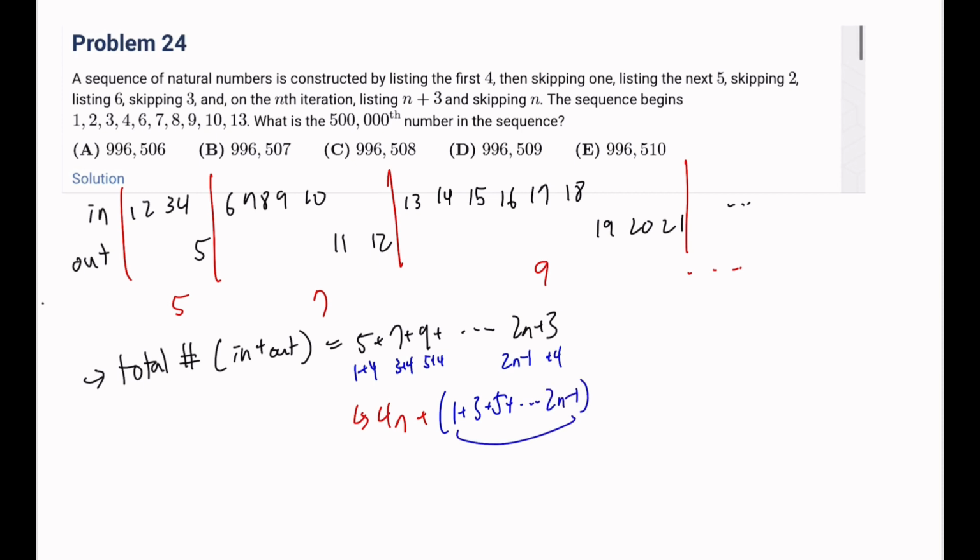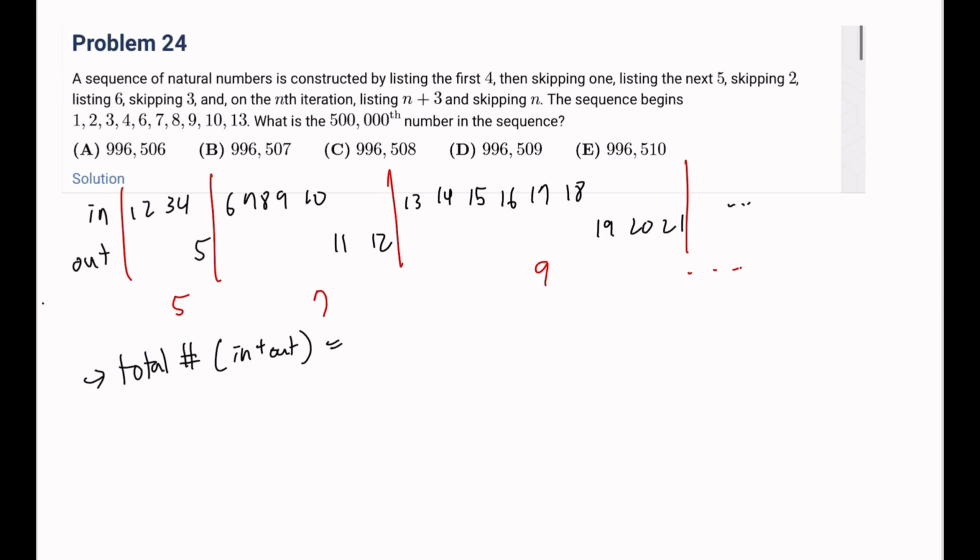And so these are n odd numbers, and we know that the sum of n odd numbers is just n squared, right? And so this is 4n plus n squared, and so the total number of all in and out combined would be 4n plus n squared.